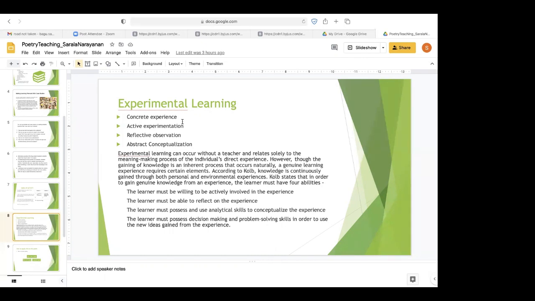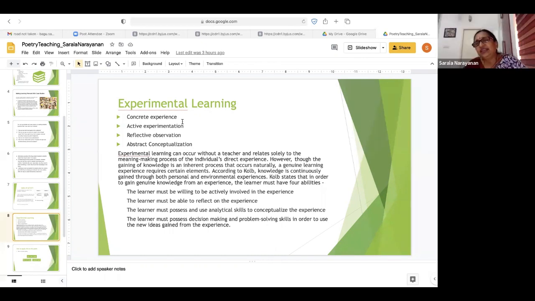So that is your concrete experience that makes you go for the first decision. Then after taking the decision, you reflect on it. Reflecting means you weigh the pros and cons. So what pros and cons did you weigh for the company?